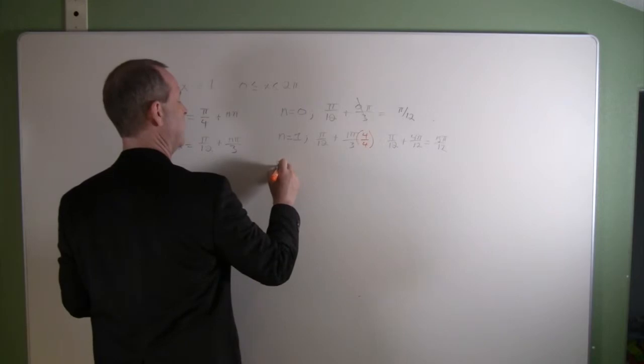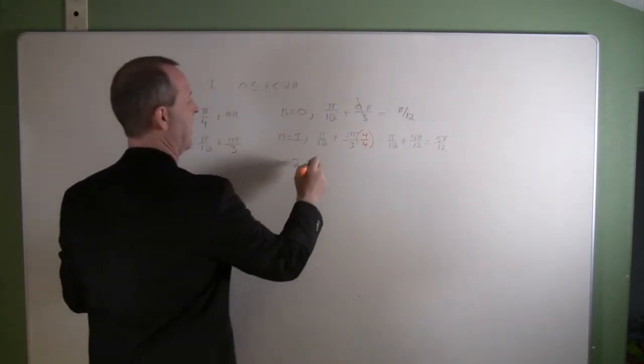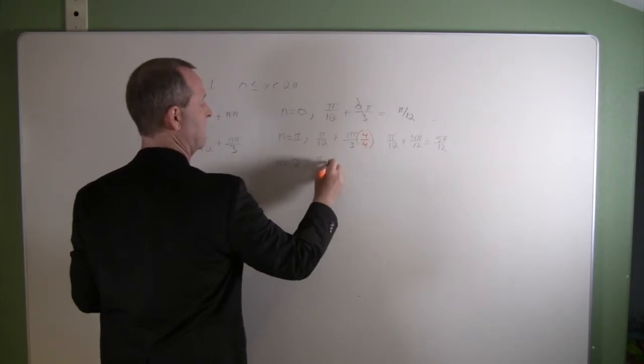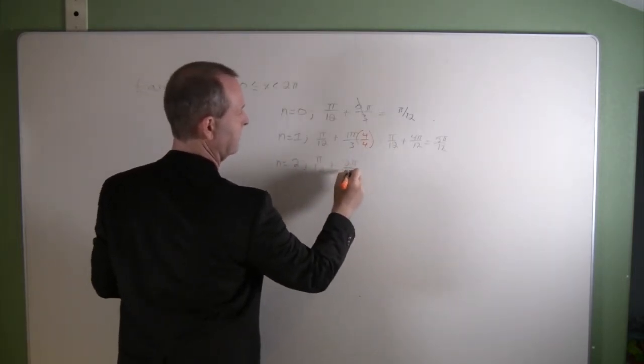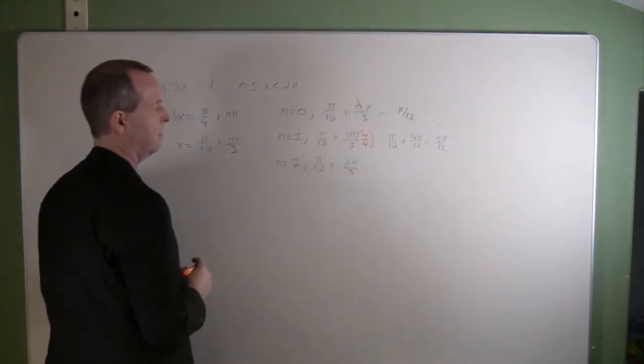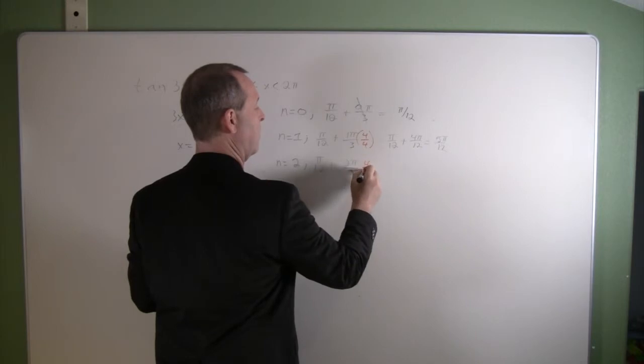Let's look at n equals 2. Pi over 12 plus 2 times pi over 3. Multiply that again by a clever version of 1, which is 4 over 4.